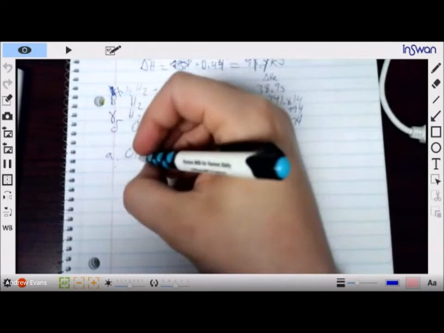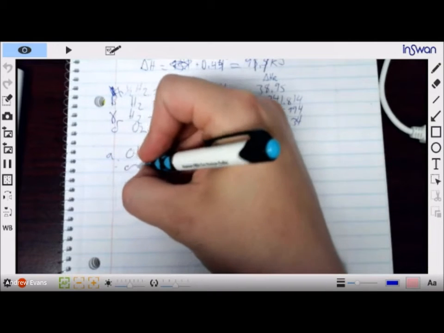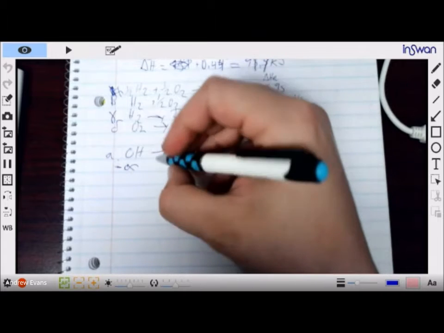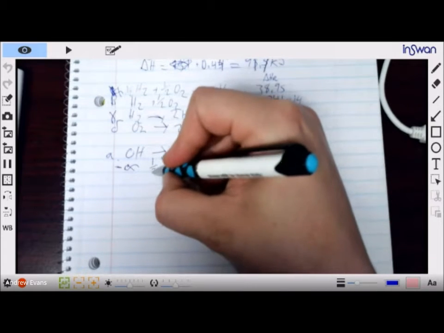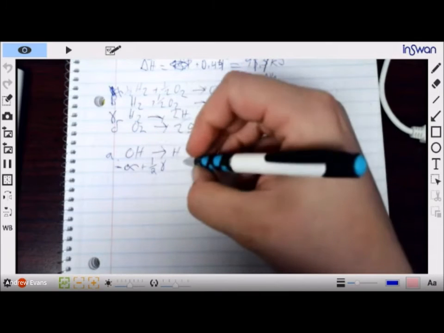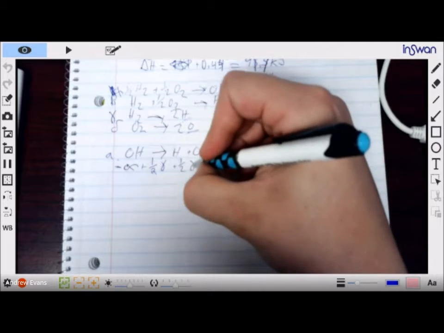I'm going to have to use a reverse of equation alpha, so negative alpha. And I'm going to have to use 1/2 gamma and 1/2 delta to make that work.